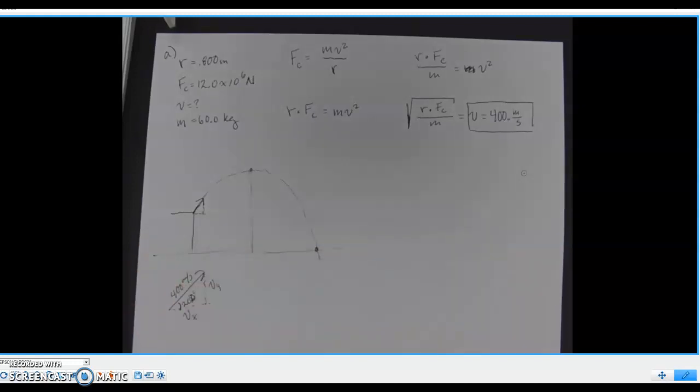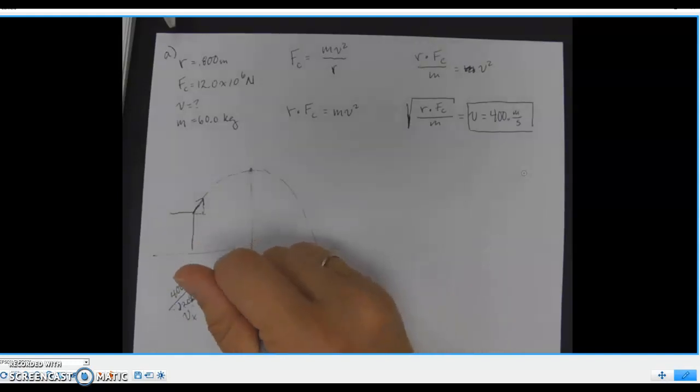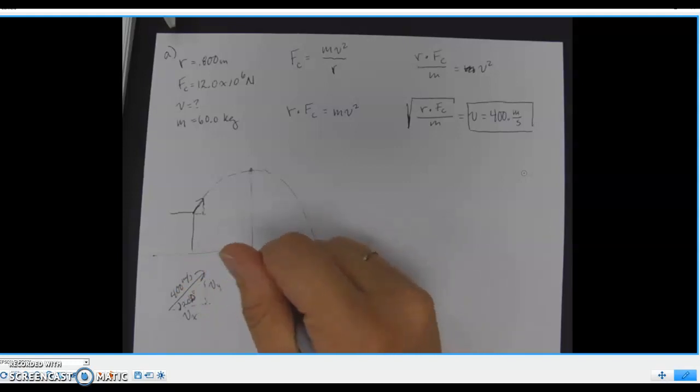A 20-degree angle. And then I'm just going to use trig to get that velocity in the y and velocity in the x. Because if I want this component, it is opposite from my angle, and then I know the hypotenuse. And I know that sine of theta is equal to opposite over hypotenuse.